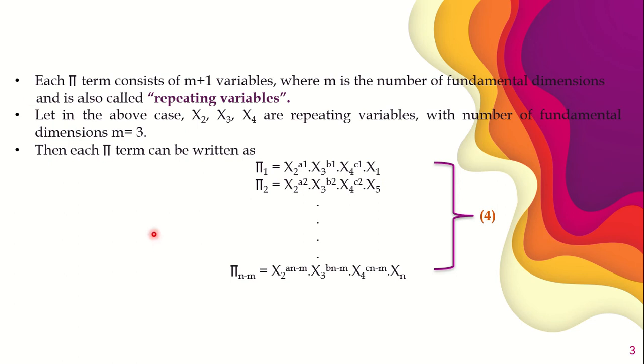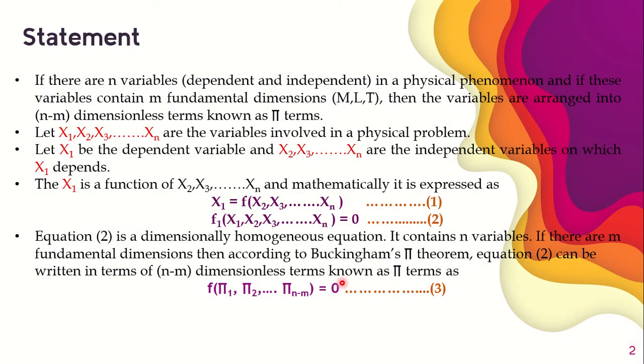Next, now up to these three equations, what did you understand? The first equation is writing the dependent variable as a function of independent variables. The second equation is about writing the total number of variables involved in the phenomenon. And the third equation is about writing pi terms. So up to the third equation, you have clarity on how many pi terms are formed.